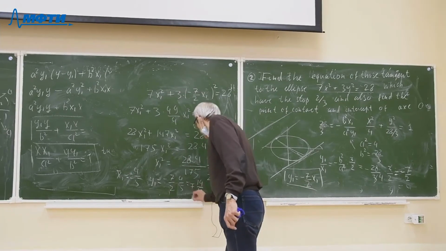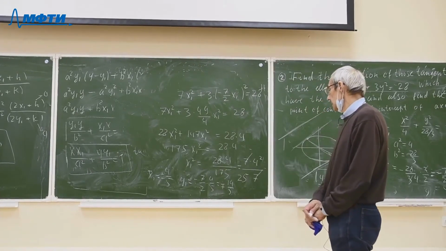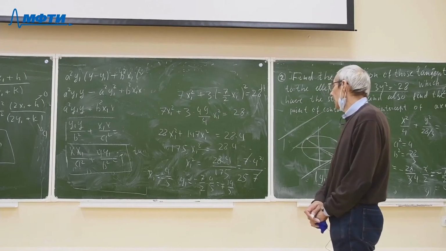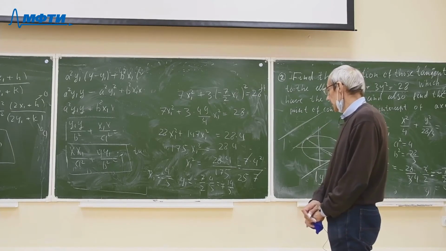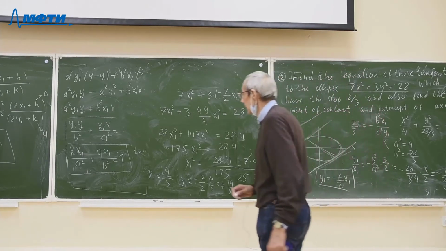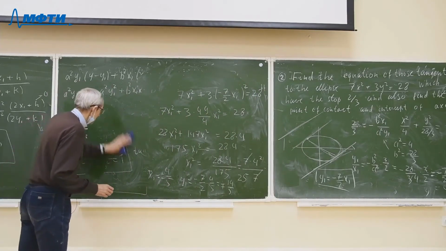And the second coordinate y1 also has the value minus plus, and we obtain 2 points, 2 points of contact.